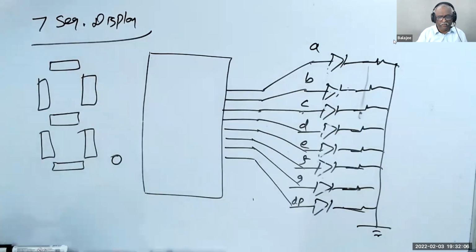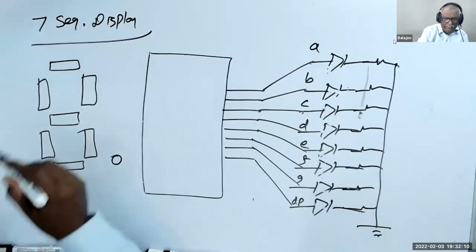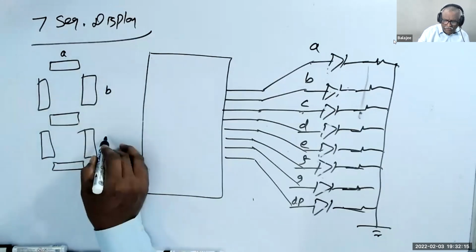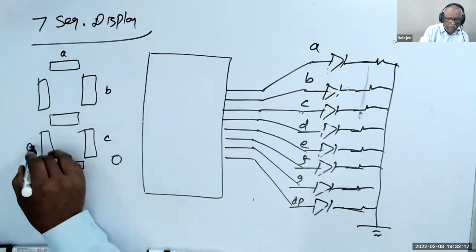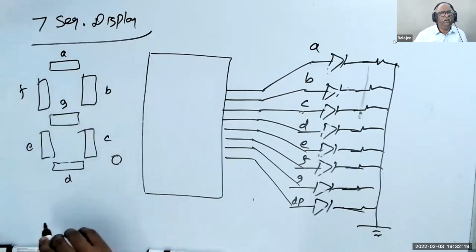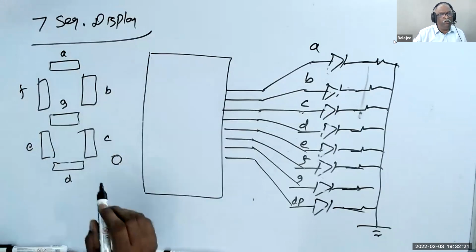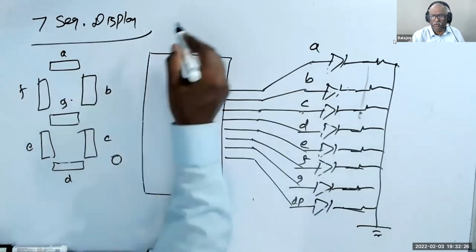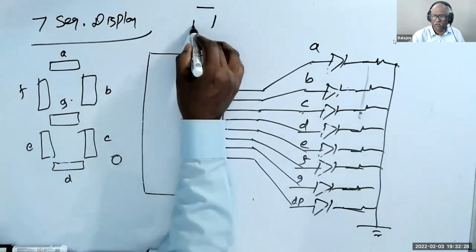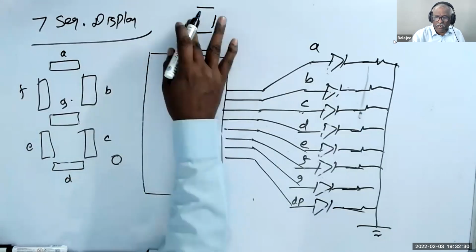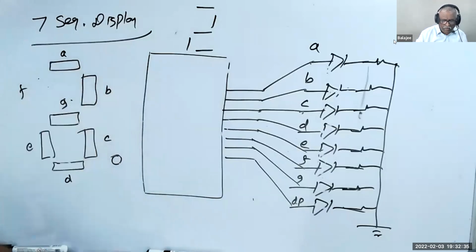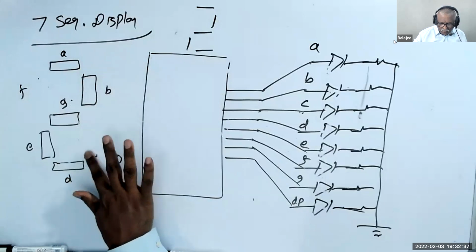Now let us assume that I want to display 1. So this is A, this is B, this is C, D, E, F, G. Now, if you want to display 2, then I don't want to display F, remove F, remove C, and remove dot.